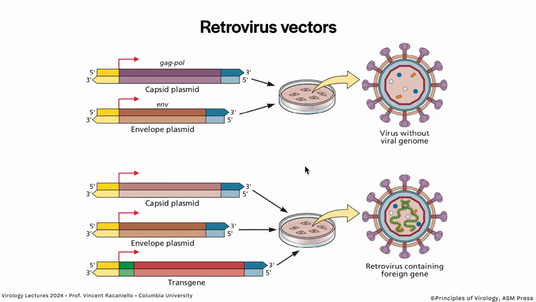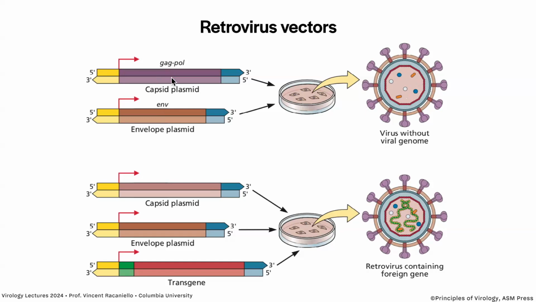Retrovirus vectors are very popular as well. These are based on the fact that if you just produce the viral GAG-POL protein, and on a separate plasmid, the envelope protein, you put those two plasmids into cells, you will get particles made without the viral genome.